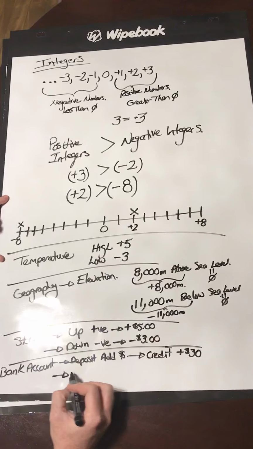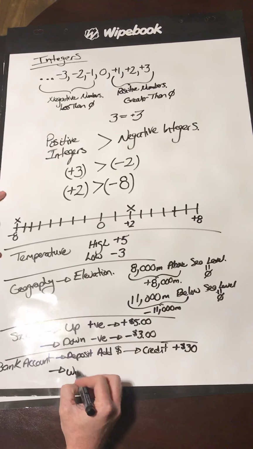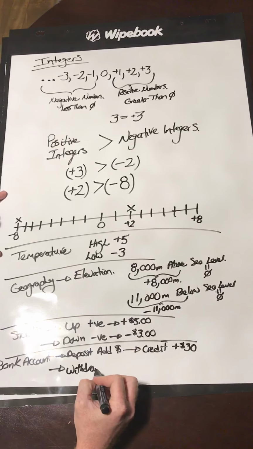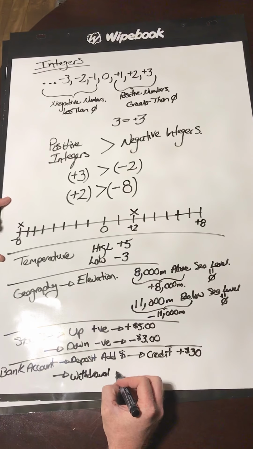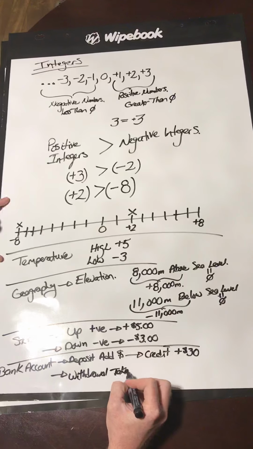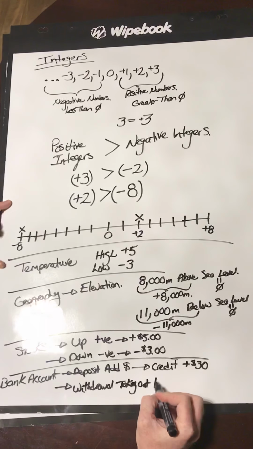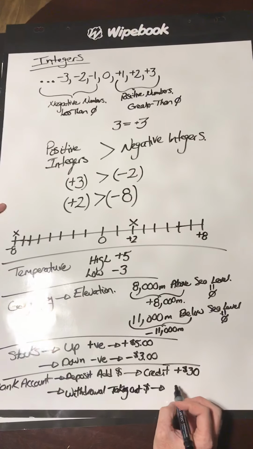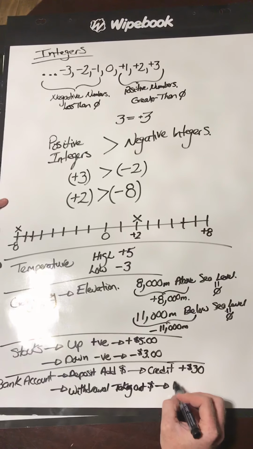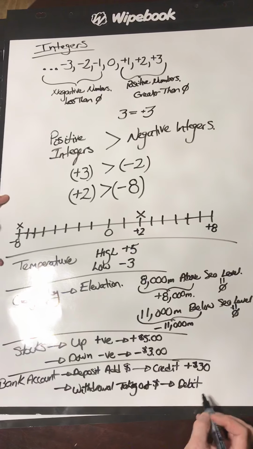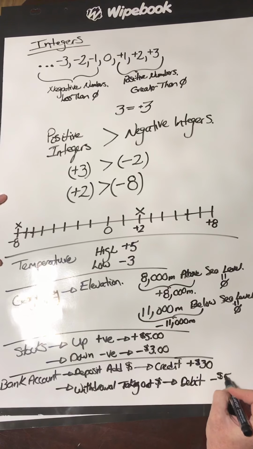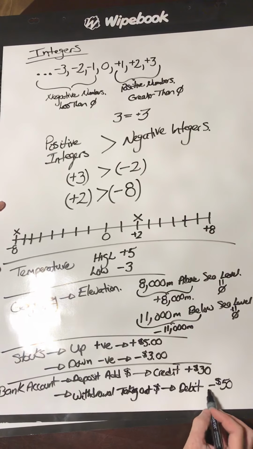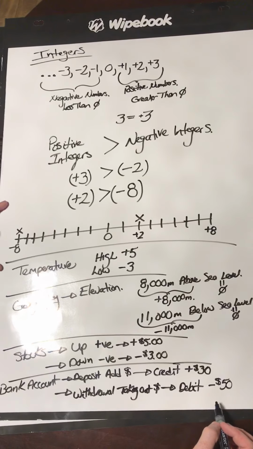When we make a withdrawal, that's taking out money, and that's considered a debit. Maybe you take out $50, so that will be seen in your bank account as minus $50.